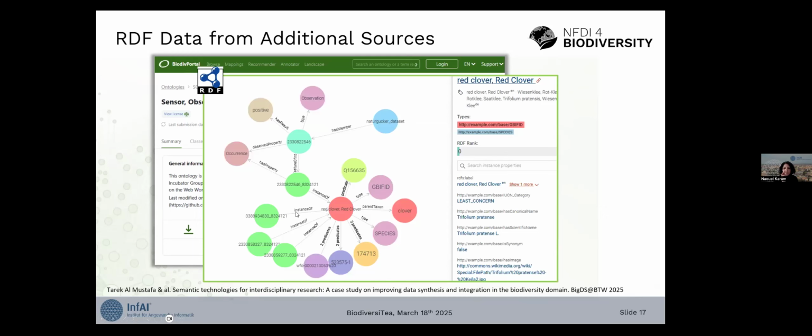And here an excerpt from the generated knowledge graph.